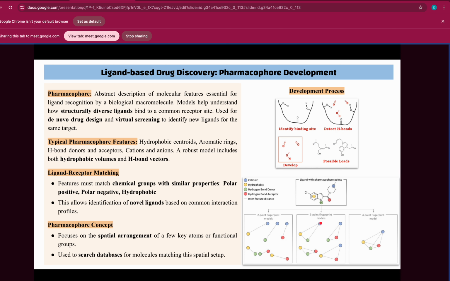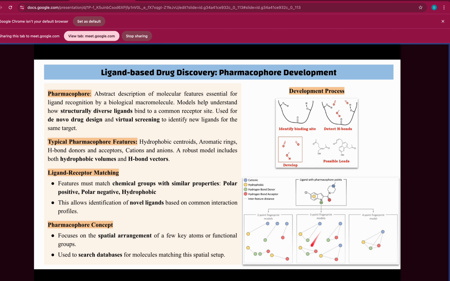So these are fingerprints: 2-point fingerprint, 3-point fingerprint and 4-point fingerprints. They tell you about different atoms and their properties, that is, how many cationic atoms are present, how many hydrophobic atoms are present, how many hydrogen bond donors are present, how many hydrogen bond acceptors are present. When two such atoms are linked to one another, that comes under 2-point fingerprint. When two different properties of atoms are linked to each other, and only two properties are linked, it is a 2-point fingerprint.